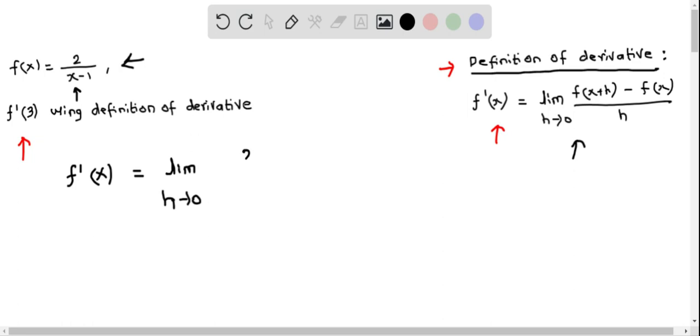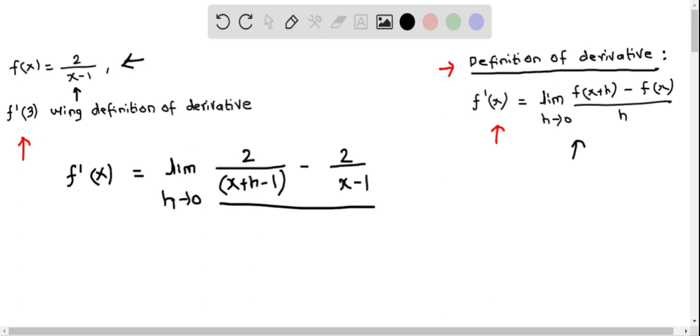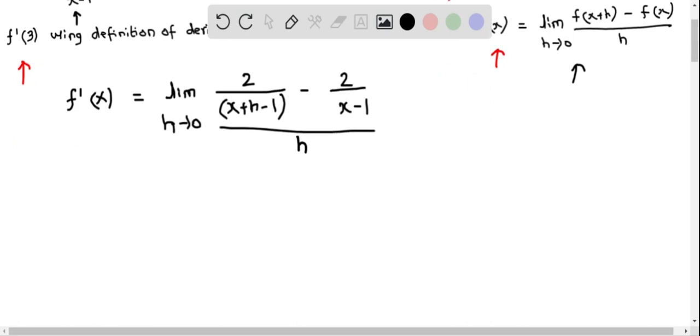So this becomes 2 over x plus h minus 1. I put this inside a bracket, and then we have negative f of x, so I put f of x as it is: 2 over x minus 1, and all over h, because we have h in the denominator.